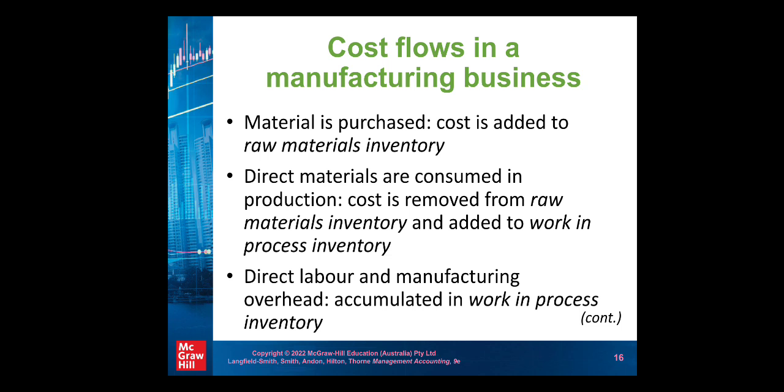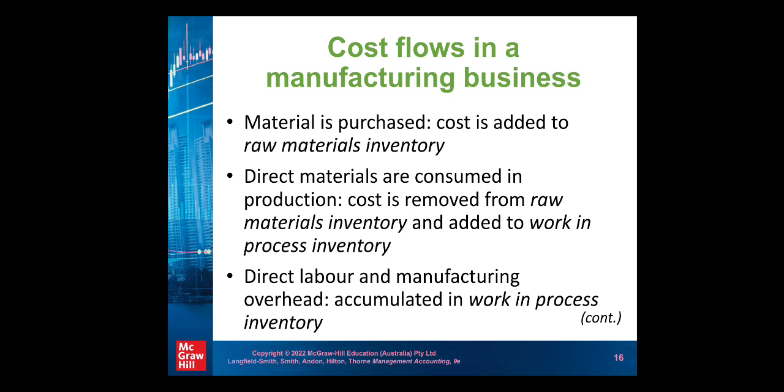Remember in financial accounting, when you purchase material, when you sell your finished product, you have to record them in the journal, so that later you can prepare the financial statement and do the external reporting. So this cost flow is related to the recording in the journal.